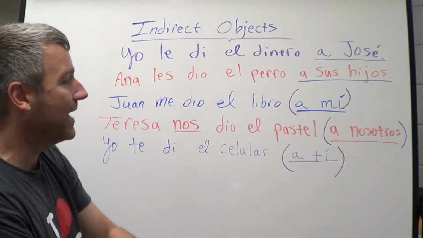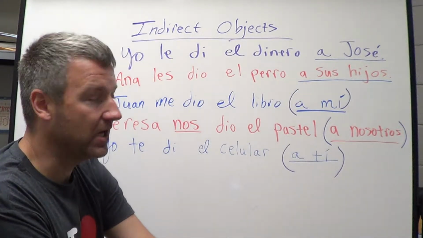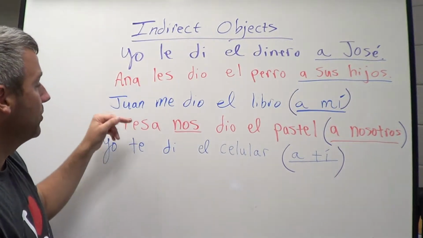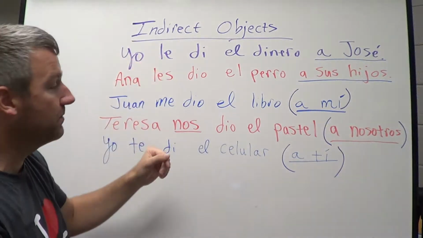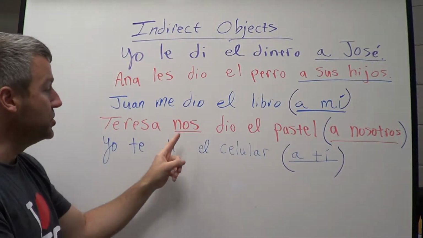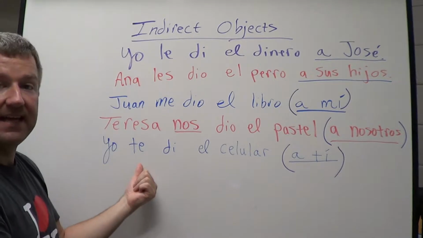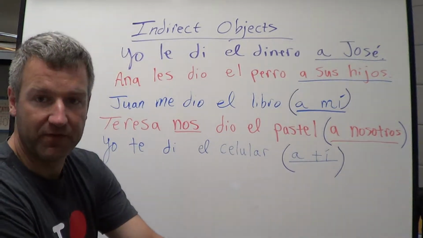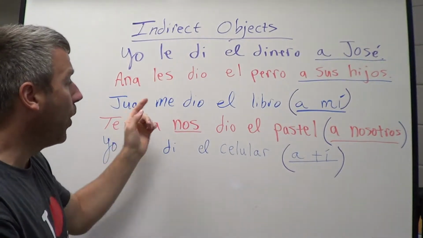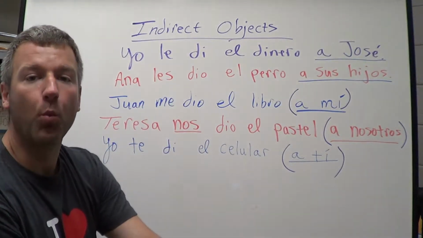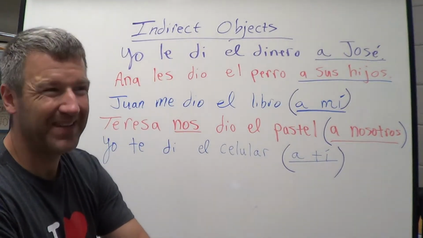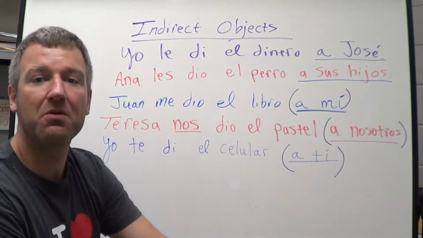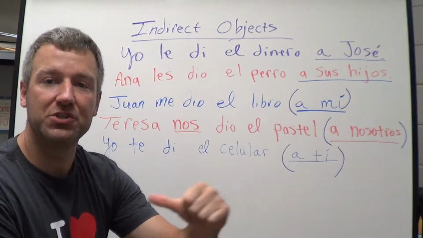Okay? Now, I did mention in the previous video that, for example, when you're using the indirect objects me, nos, and te, those are obvious who we're referring to. So if I say Juan me dio el libro, Juan gave me the book, it's obvious without a shadow of a doubt that me refers to me.